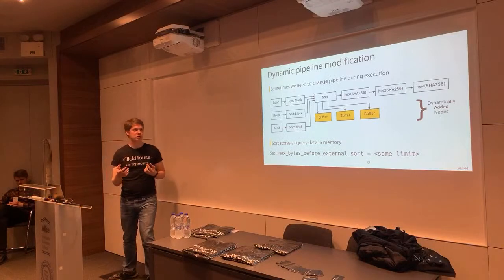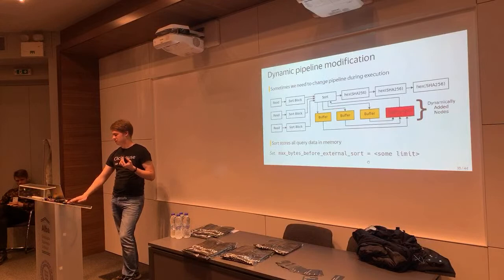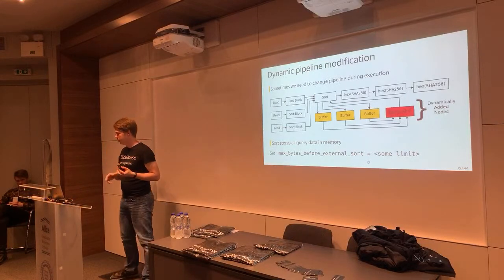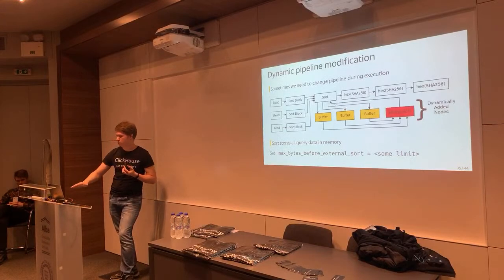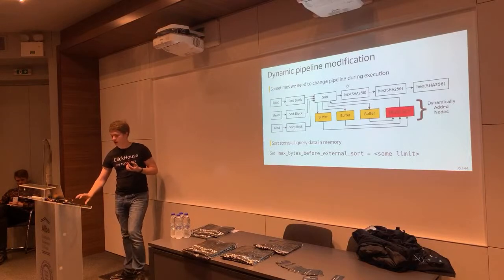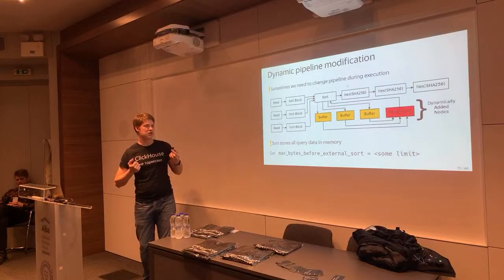After that, when you read all the data, you need to merge data together, like read data from buffers and execute merge sorting. And your data will again continue to go to this first sort step. And this is how our pipeline dynamically changes, and it even has loops inside.